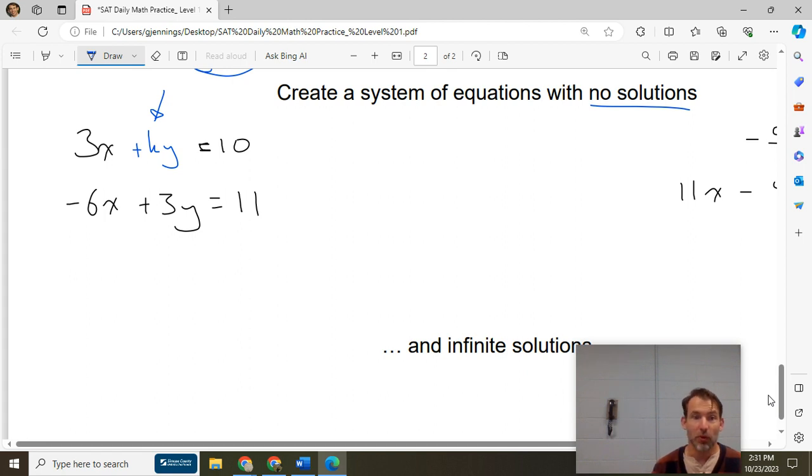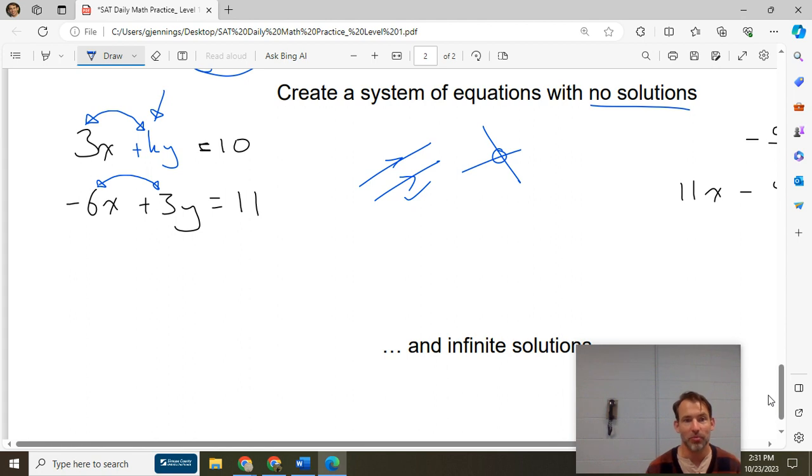So in this question we just want to practice this skill. We want to create the same ratio between the coefficients here as we have between the coefficients there. That's going to create a situation where we have two parallel lines, and two parallel lines will never touch. We never get a solution. So we create a value of k that makes those parallel.